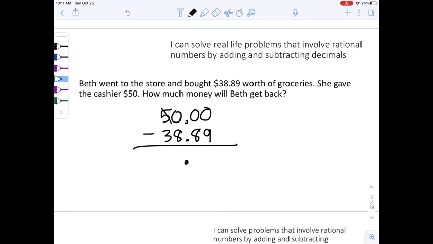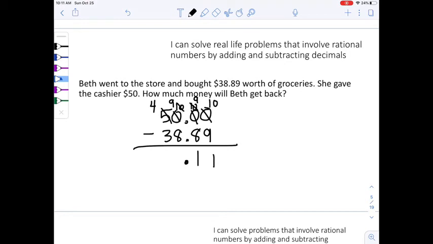So 0 minus 9, well, we can't borrow from 0. We have to borrow all the way from the 5. So the 5 changes to a 4. Then this 0 would change to a 10. But then we have to slide it over even more. So we'll change that to a 9. Changes that to a 10. We have to borrow from that 10, which changes that to a 9.